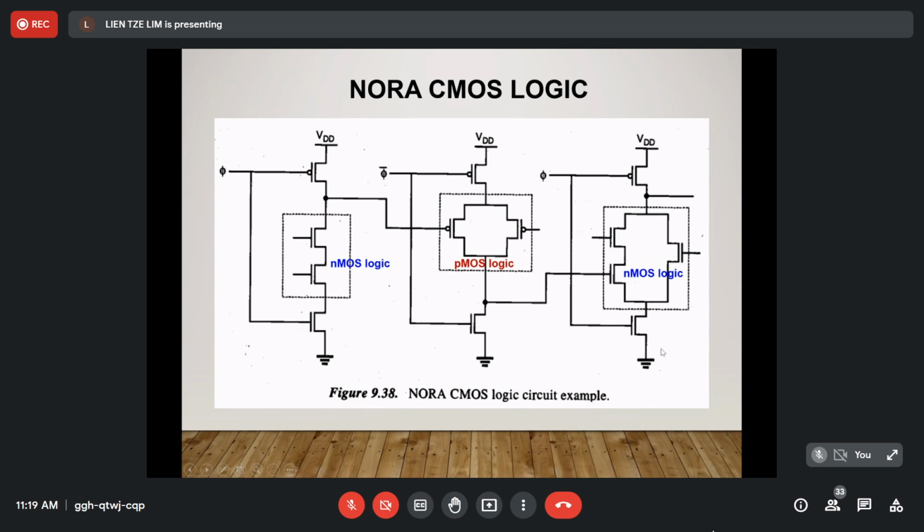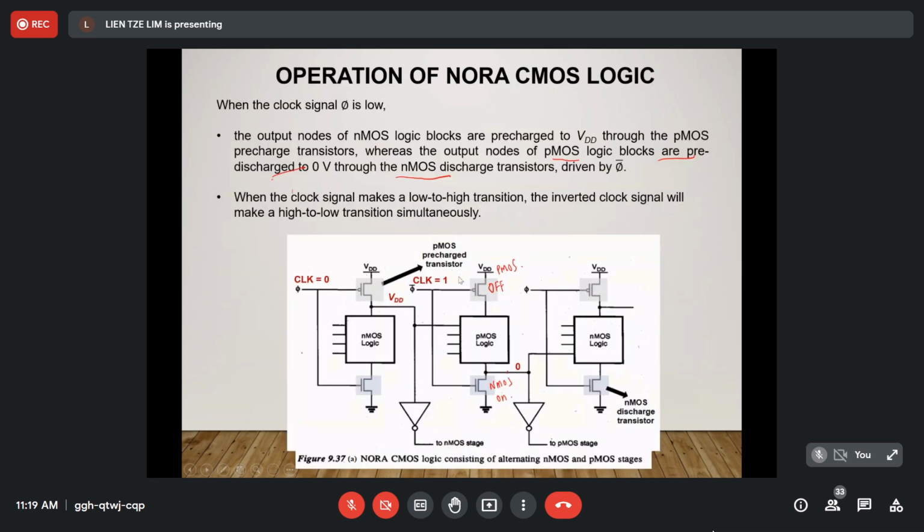For this one, this is an NMOS logic block, this is a PMOS logic block, and this is an NMOS logic block. So we can know that this structure is similar to this one.